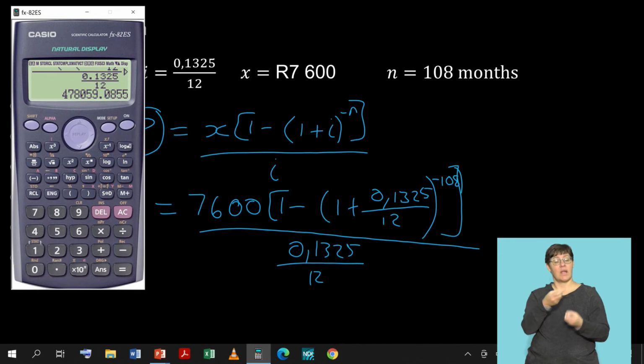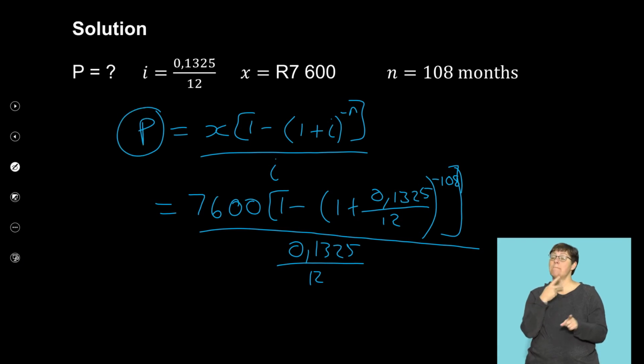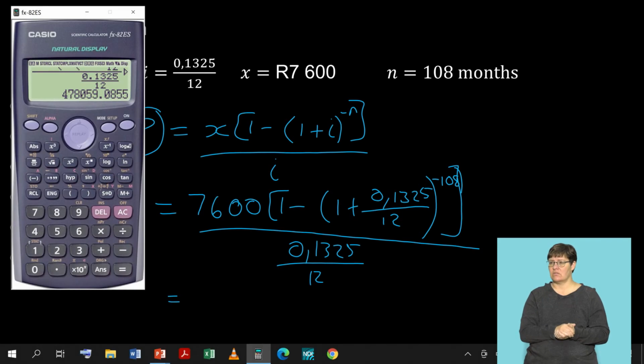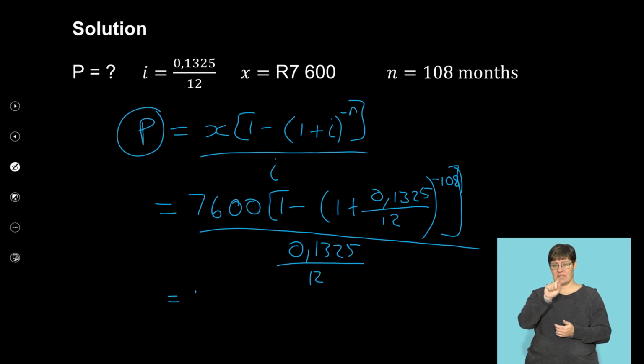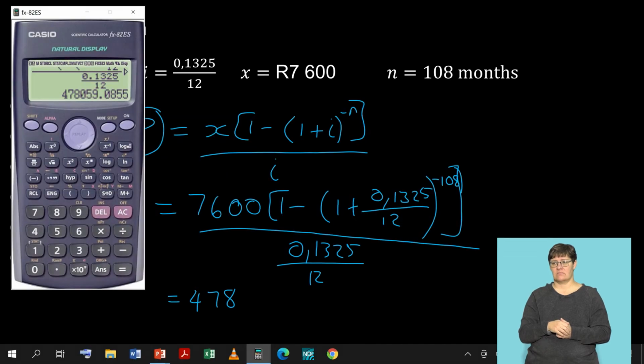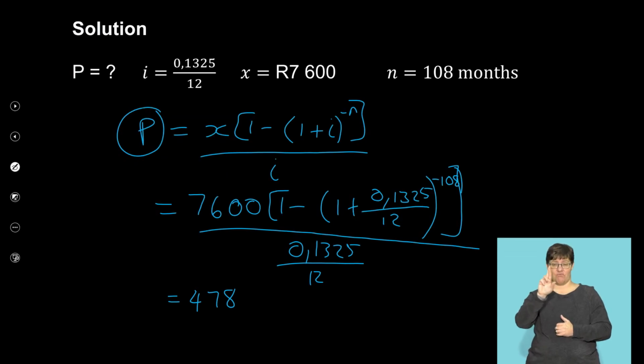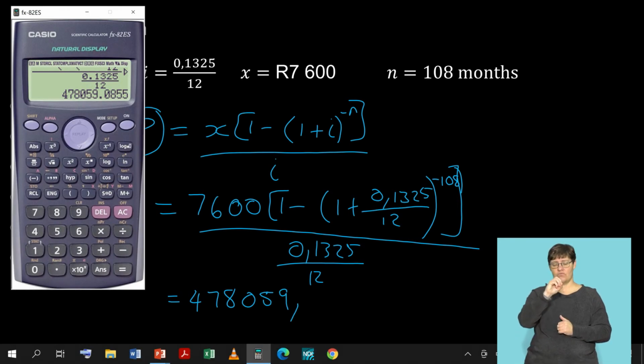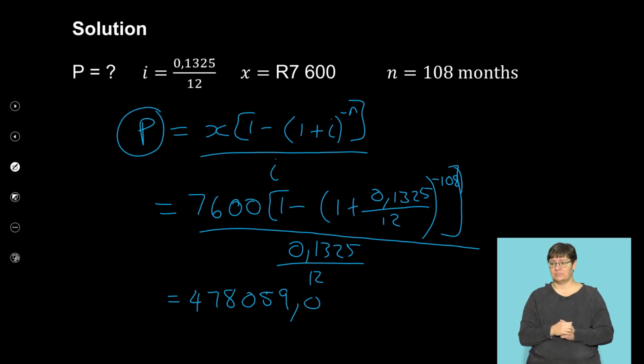And this will give me that much there. So this will be equals to, let me quickly just verify, 478,059 rands and 9 cents, right?